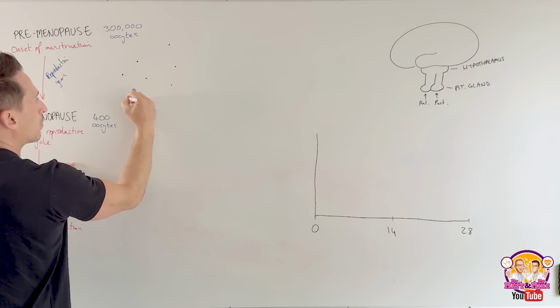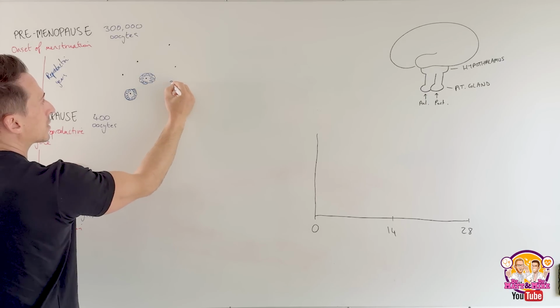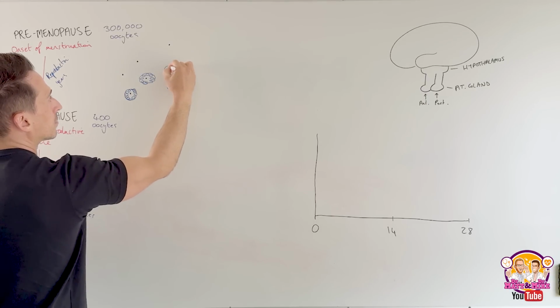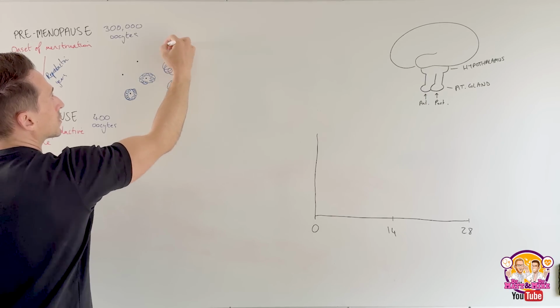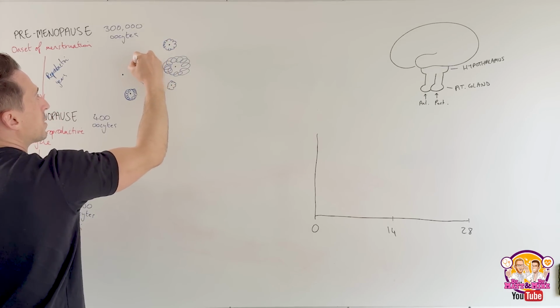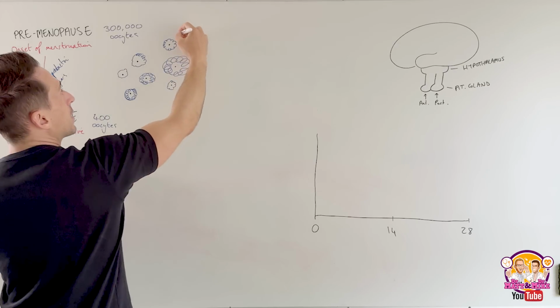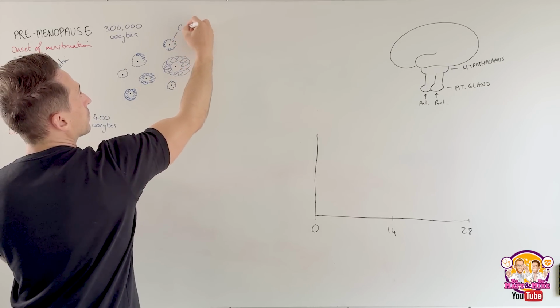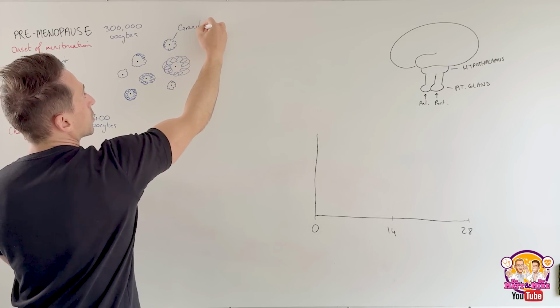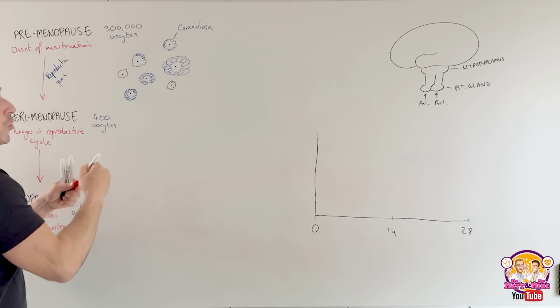You've got a group of cells that directly surround them, called granulosa cells. I'm just going to draw them because not all follicles are at the same stage. Some are big, some are small. So these are the granulosa cells, right? Granulosa. And then there's another cell type on the outside called theca cells.